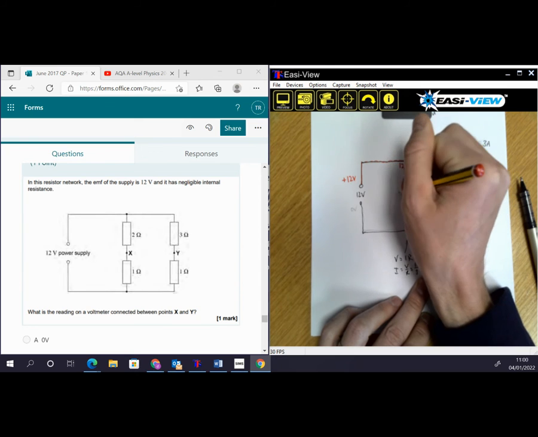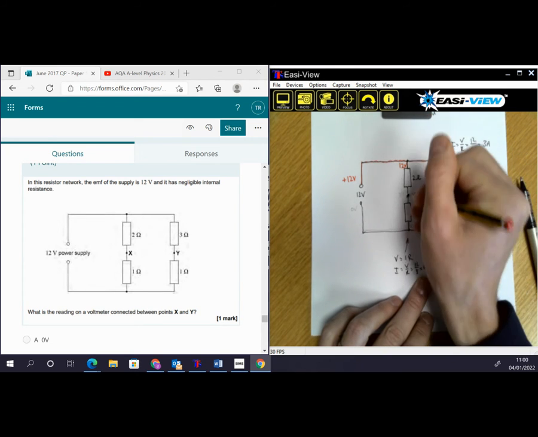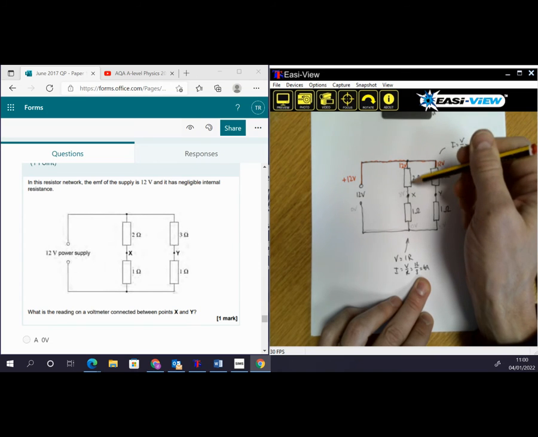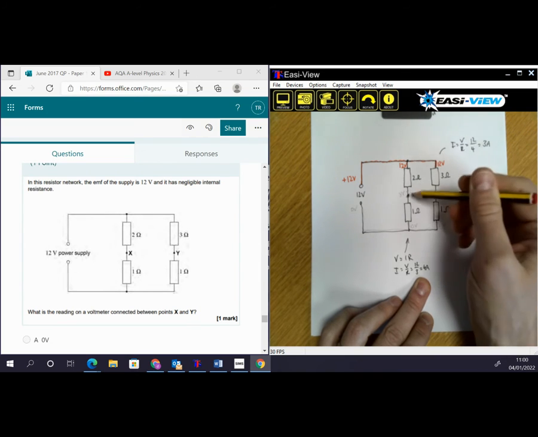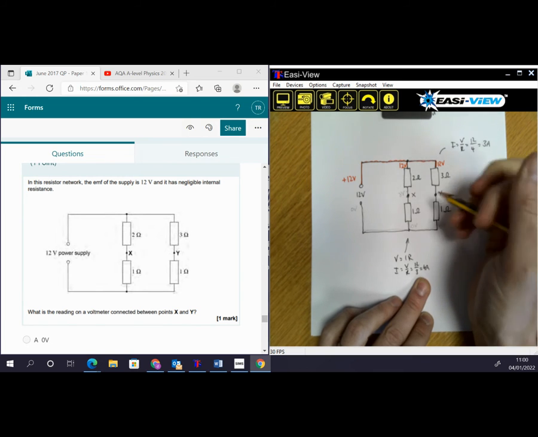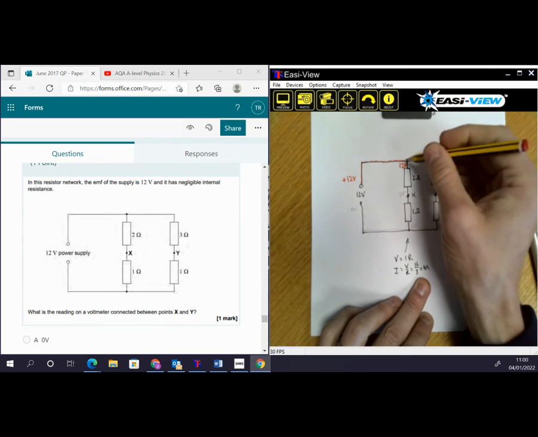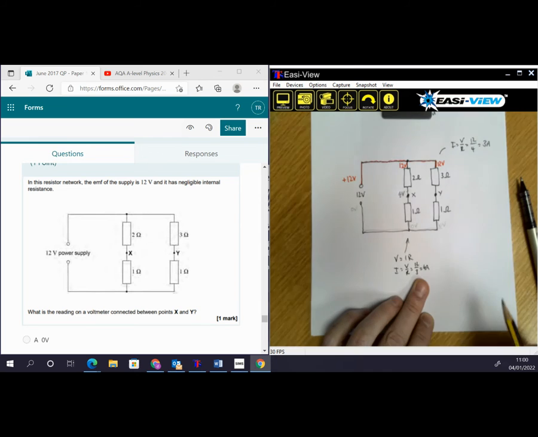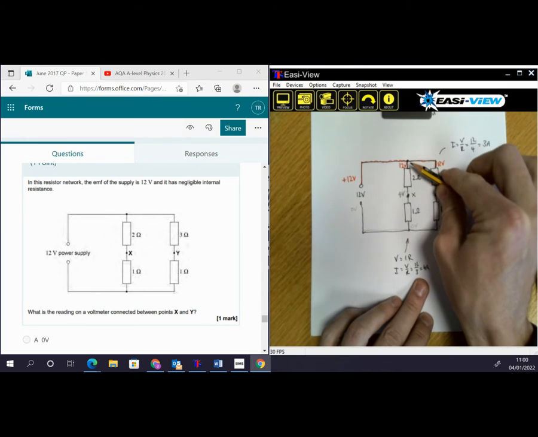So I can say that X is at 8 volts because I know that 8 volts are lost doing work in this resistor, and then we drop the remaining 4 volts here. So the 8 volts are dropped here, and we end up with the remaining 4 volts dropped there. So I wrote 8. Sorry about that. That's a minor error.